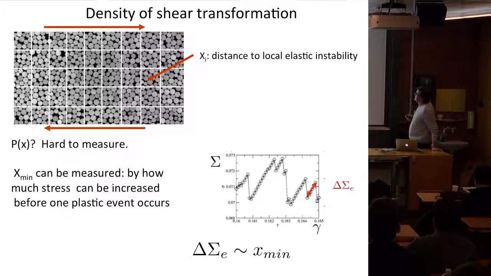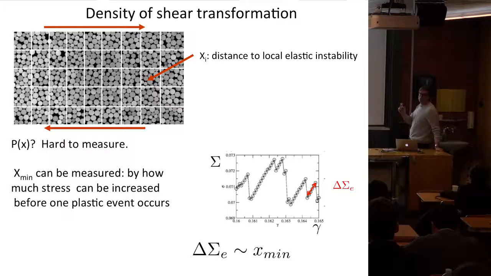So let's cut our system into blocks. And those blocks have to be of size larger than 1, much larger than those shear transformations, okay? In each block, I can introduce a variable xi, which is how much shear stress I can put on this block i to have a plastic event in it, okay?